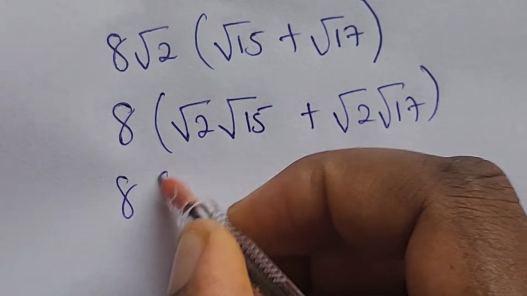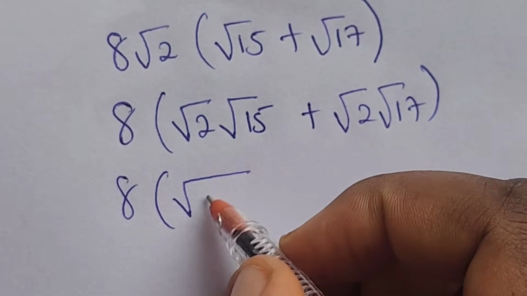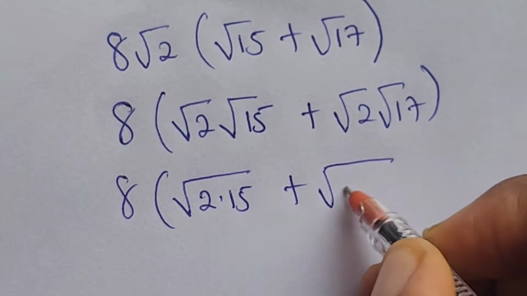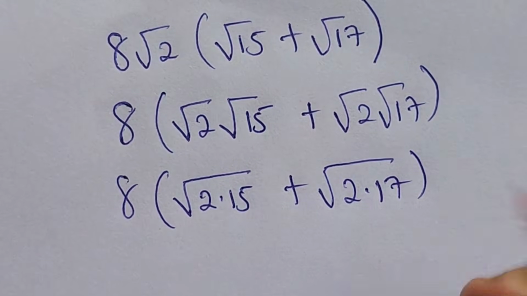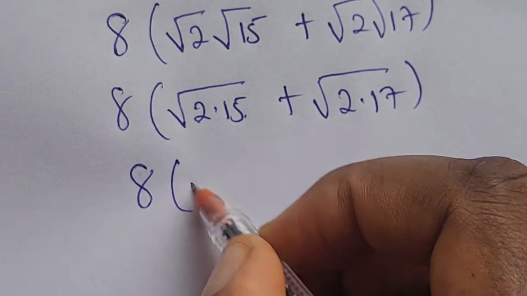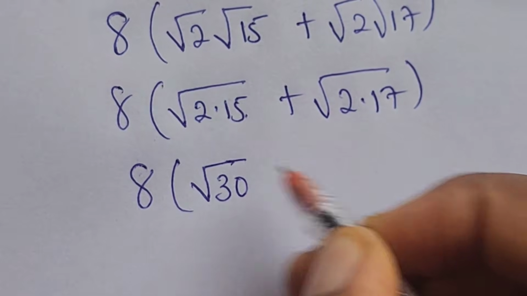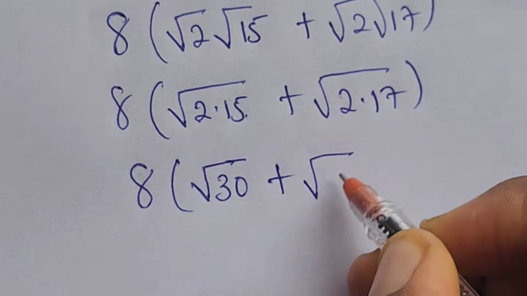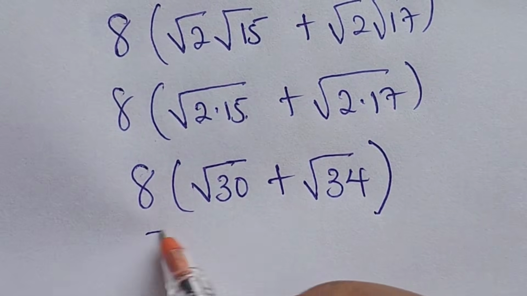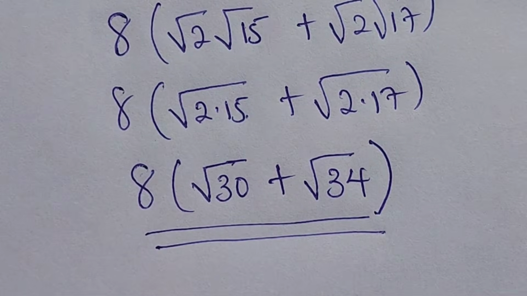So we have 8 times root 2 times 15 plus root 2 times 17. So we have that 8, 2 times 15, we have root 30 plus root 34. So this is our final answer.